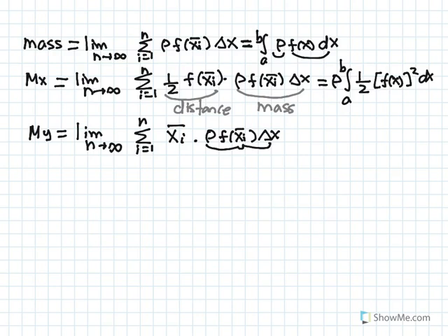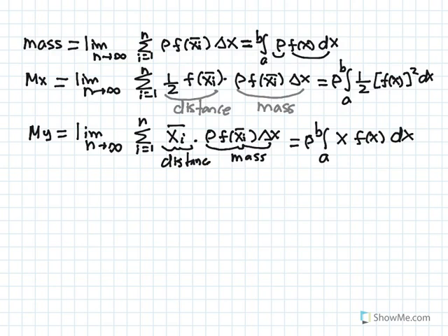So this is the moment of one of these rectangles with respect to the y-axis. Now we sum up all the moments and take the limit. The Riemann sum becomes an integral. This is equal to rho times the integral from a to b of x f of x dx.